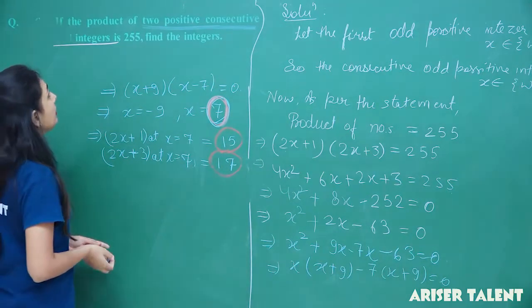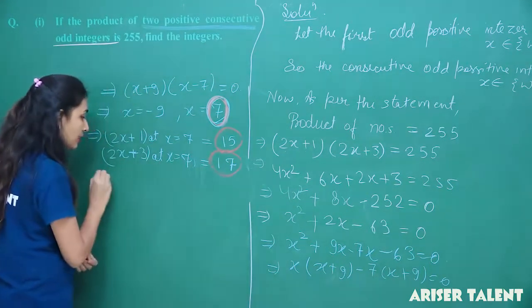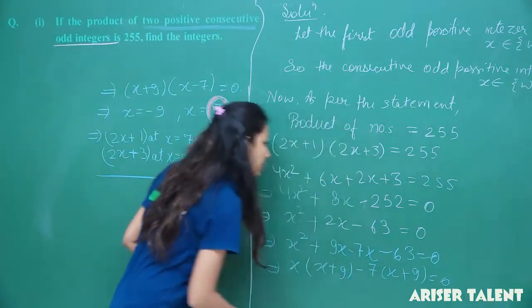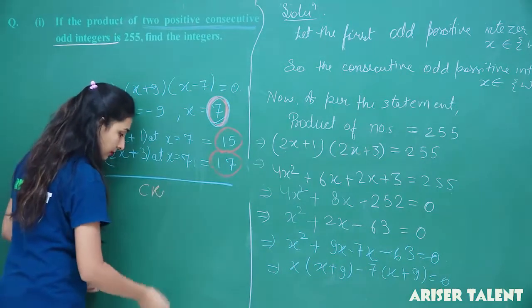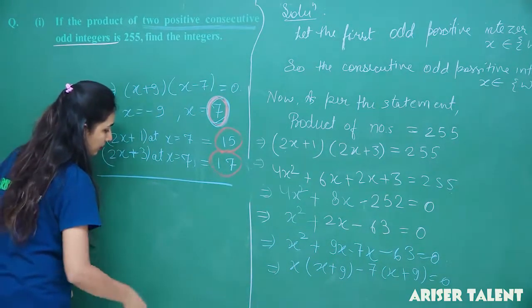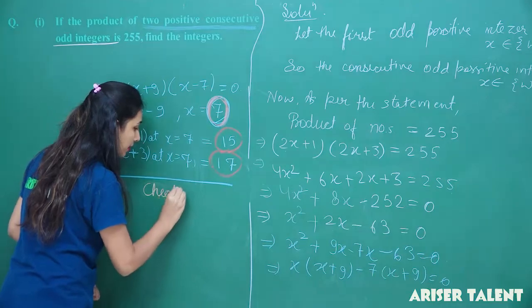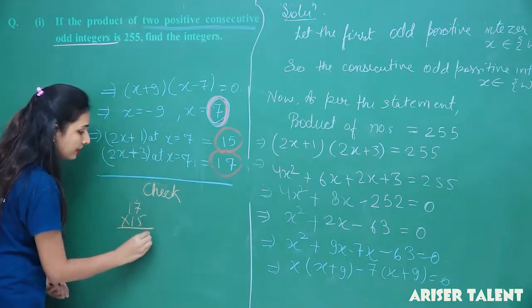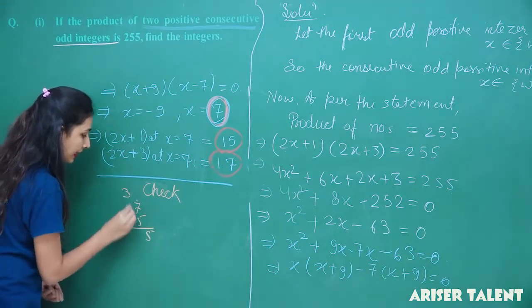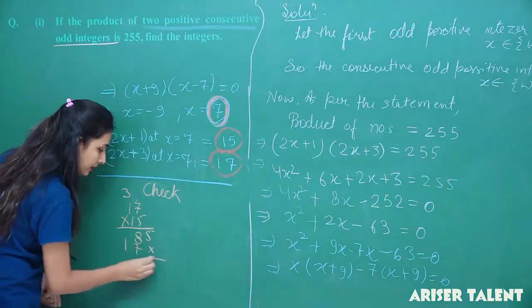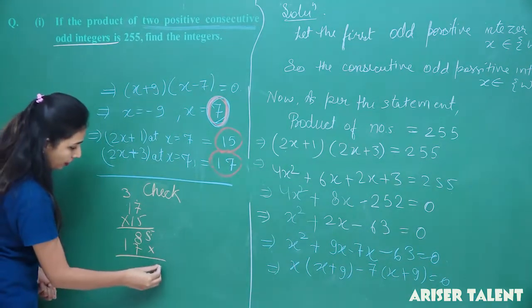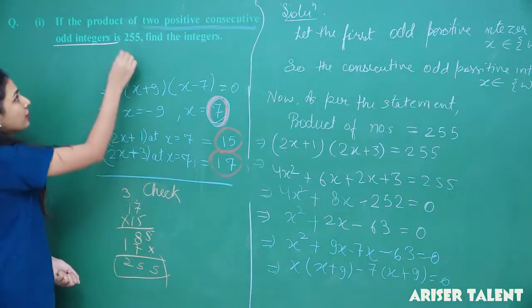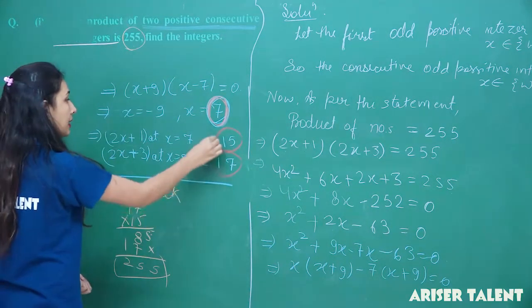Now you can check it by multiplying, because it is saying the product is 255. 15 times 17 is 255, yes. So our answers are right, students.